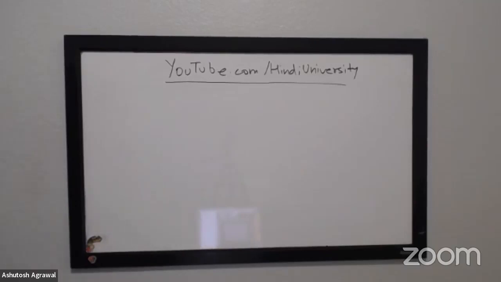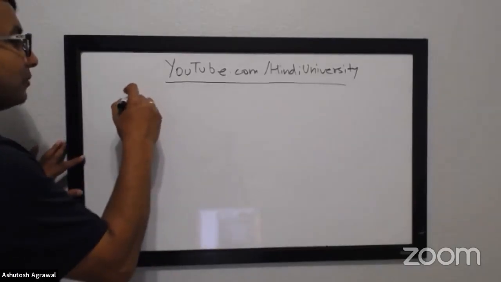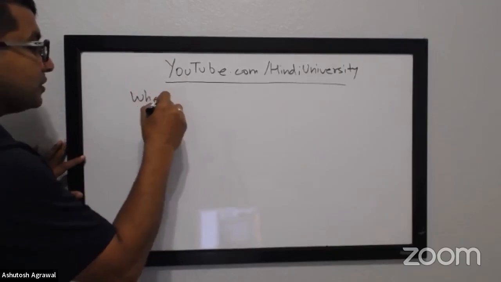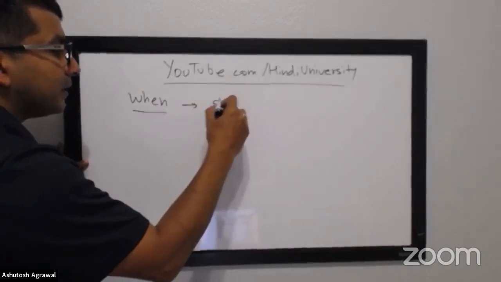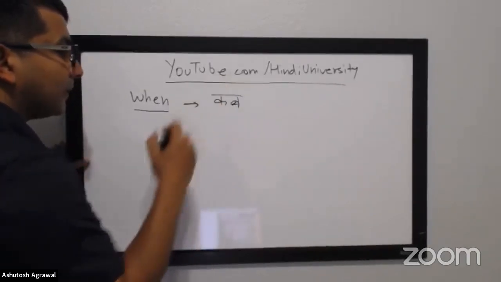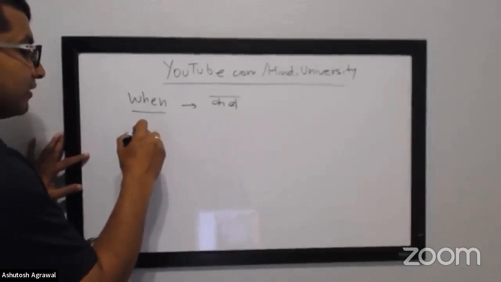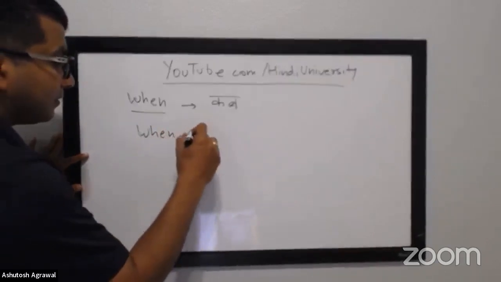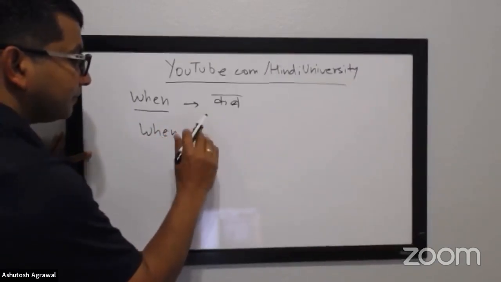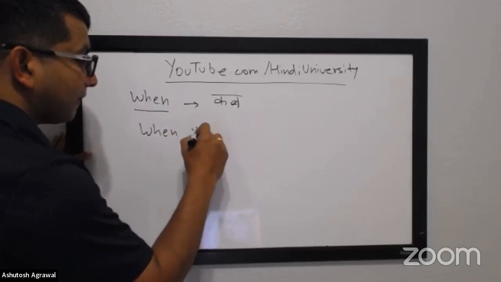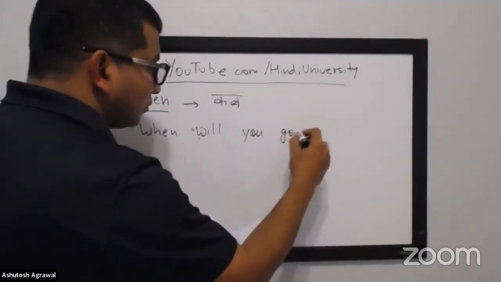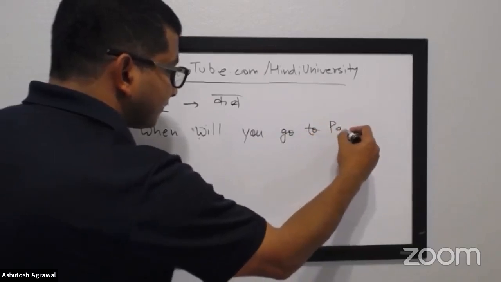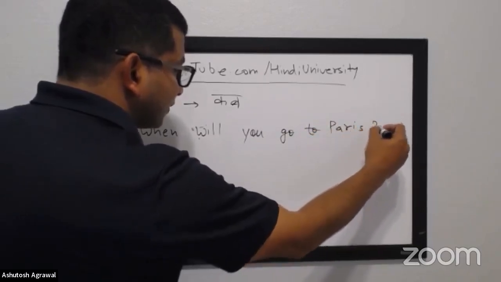In the previous class, we were talking about the situation where the question is being asked around when, kab. Let's say the question was, when will you go to Paris?